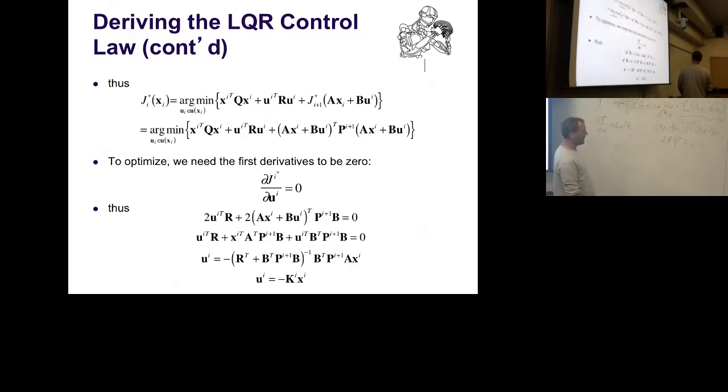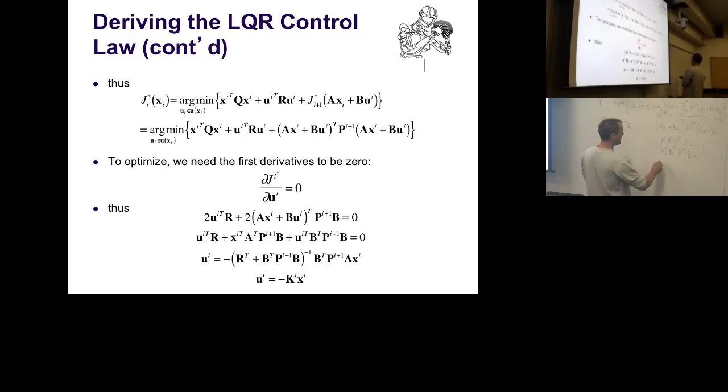This is one of the terms I have to consider. Then I have a term which is just quadratic again, which uses the two u's. So I get u_i transpose B transpose P_i+1 B u_i, and then I get cross terms. So A x and B u times this.